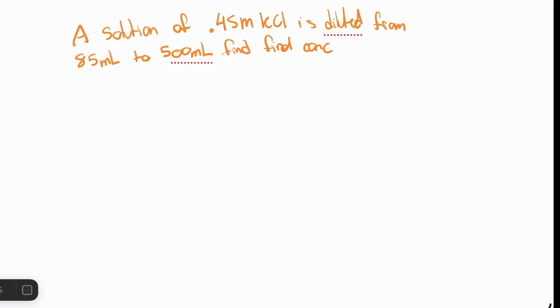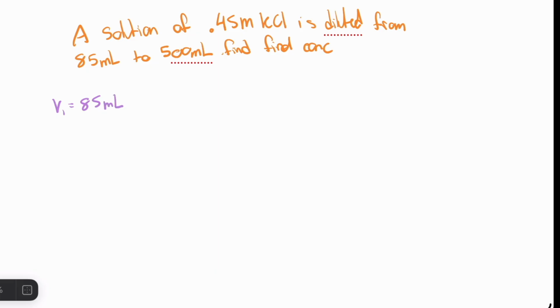A solution of 0.45 molar KCl is diluted from 85 milliliters to 500 milliliters. Find the final concentration. So if we reread that, we have 0.45 molar of KCl is diluted from 85 milliliters. So that's the key word, from, telling us that the 85 milliliters is our V1.